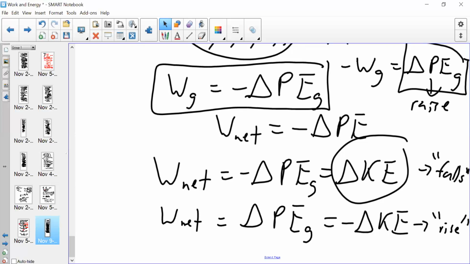This is the equality of the two. We've established this already from the previous class. Today, we've now established this relationship. Since they're both net work, we can set them equal.